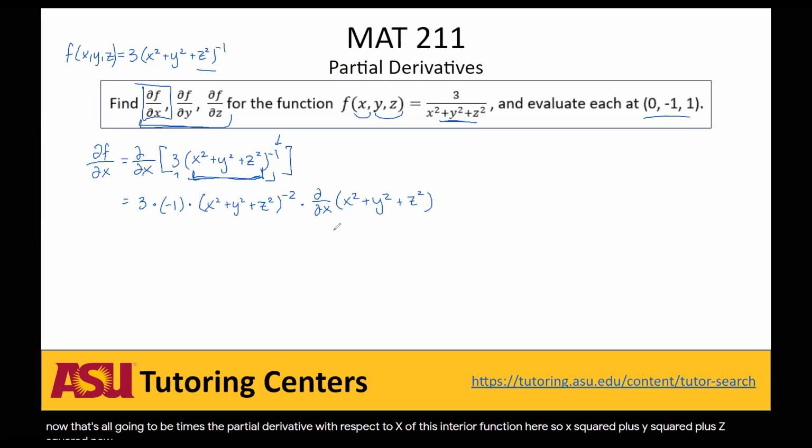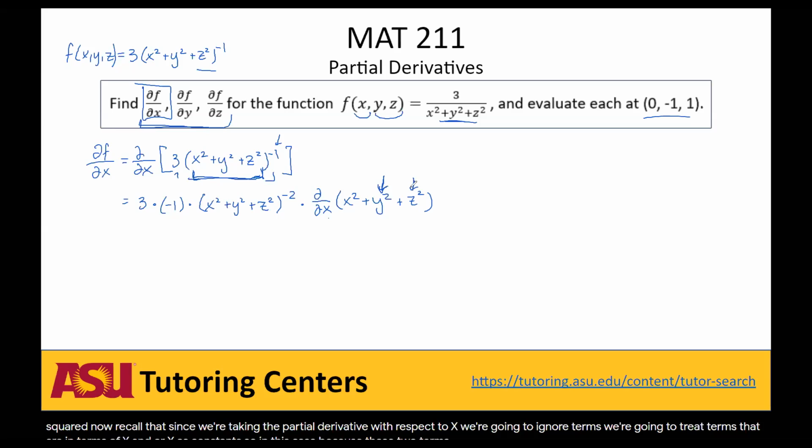Now recall that since we're taking the partial derivative with respect to x, we're going to treat terms that are in terms of y and z as constants. So in this case, because these two terms don't have any x's in them, these are just going to go to 0. So we're only going to be looking at this term.